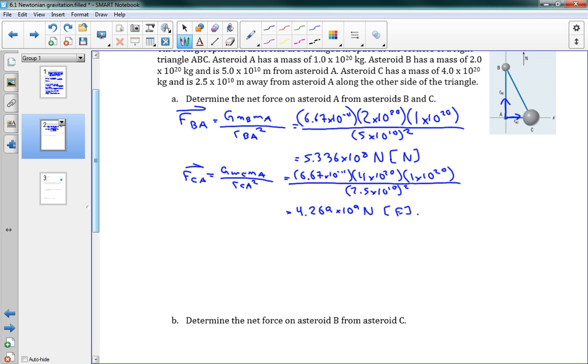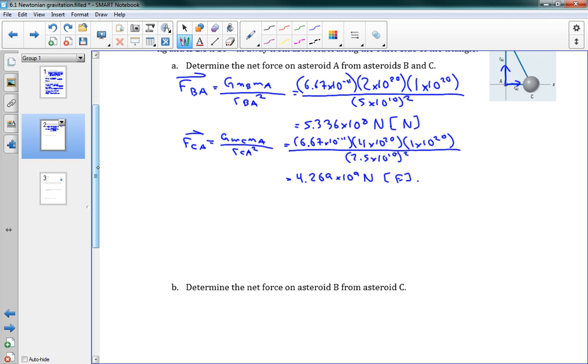So now I have two forces perpendicular. I can add them at right angles. So we have 5.336 times 10 to the 8 here, and this was 4.269 times 10 to the 9. The total here will be our sum of forces, and we'll have some angle theta here.